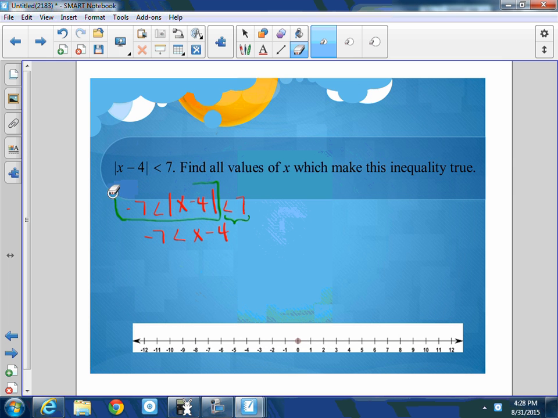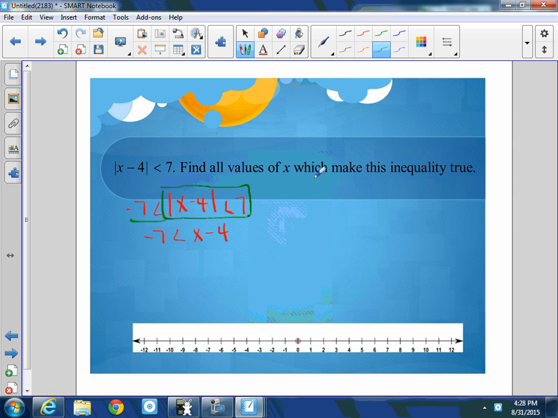Or I can forget about the front part of the inequality, which would be this part. And then this right here would be my inequality. So x minus 4 is less than 7.